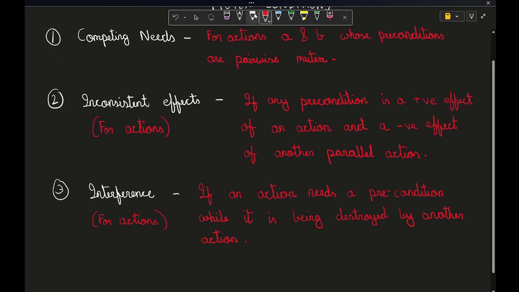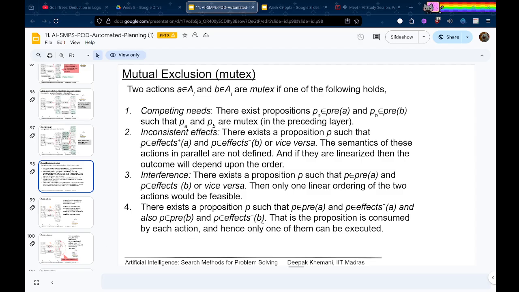And then there's the last one. It has no name. It just says that there exists a proposition P such that it is a precondition of A and a negative effect of A, and also a precondition of B and a negative effect of B. So that proposition is consumed by each action, and hence only one of them can be executed. Okay, so can't this fall under a mix of inconsistent effects and interference, right?